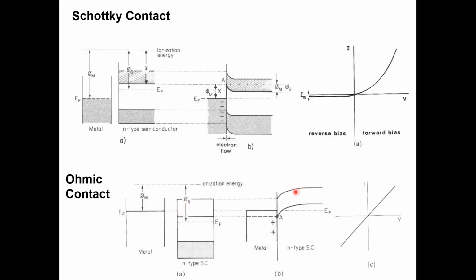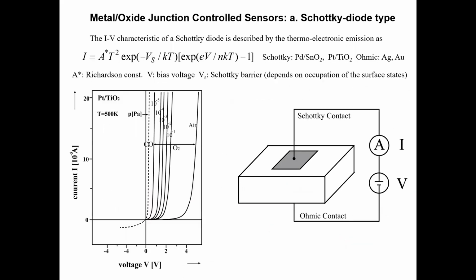In that case, you will get a band bending downward. That is a downhill motion. So there is no barrier at the metal semiconductor interface, and that will give you linear behavior for an ohmic type measurement. So for sensing, you make a Schottky contact.